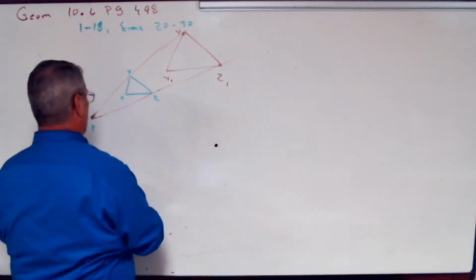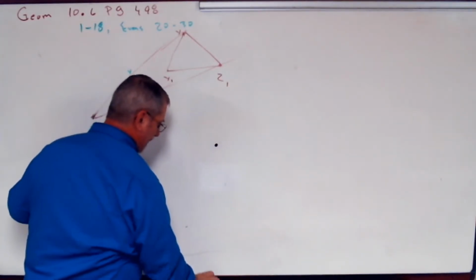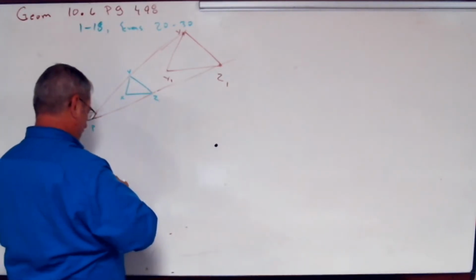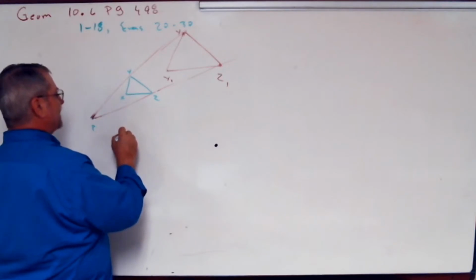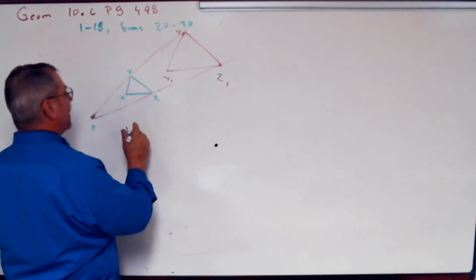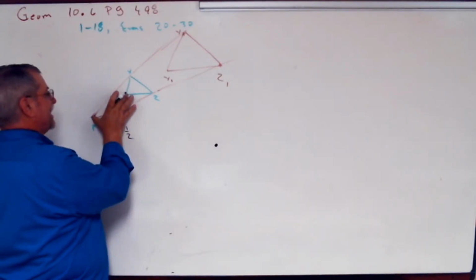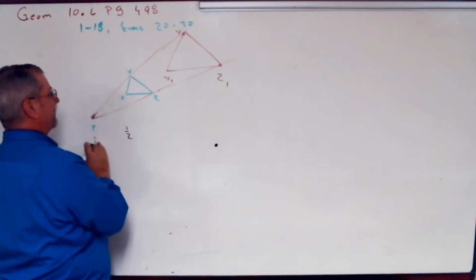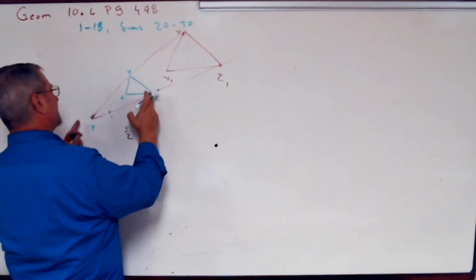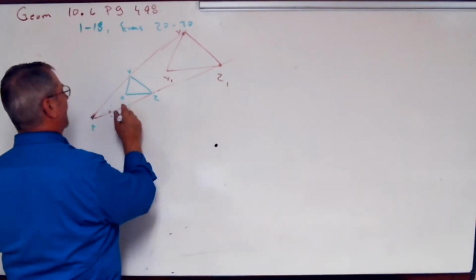Okay, let's do a different color here. Do black. If my dilation was 1/2, okay, this distance here would be cut in half. This distance here would be cut in half.